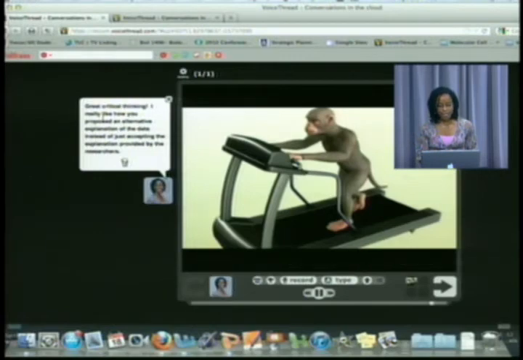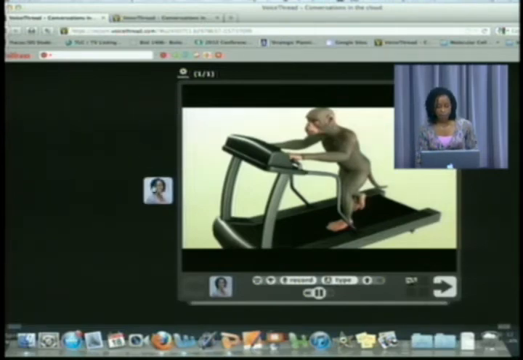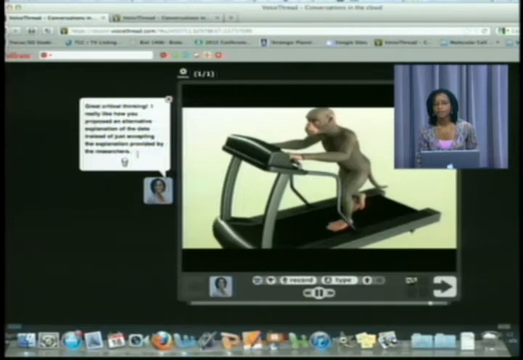All right, so what that says is great critical thinking. I really like how you proposed an alternative explanation of the data instead of just accepting the explanation provided by the researchers. So she had given me the article. I read the article. I saw her analysis of the article.